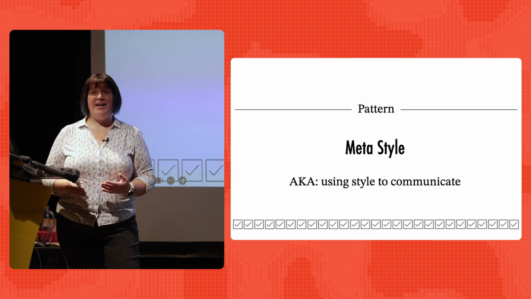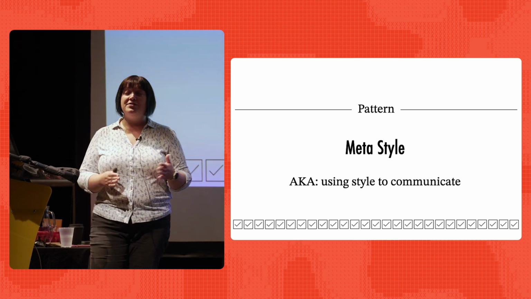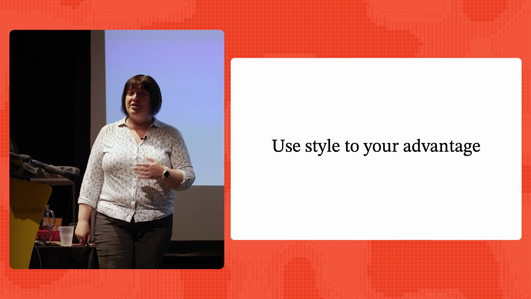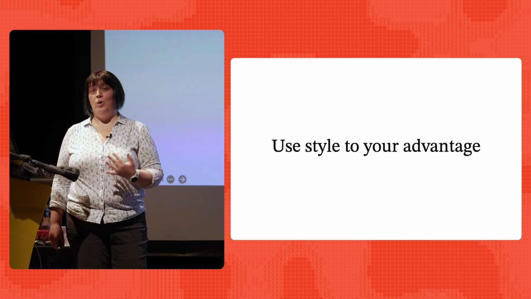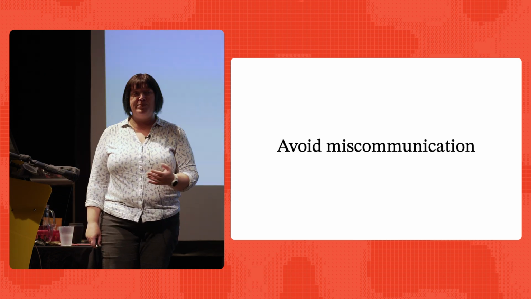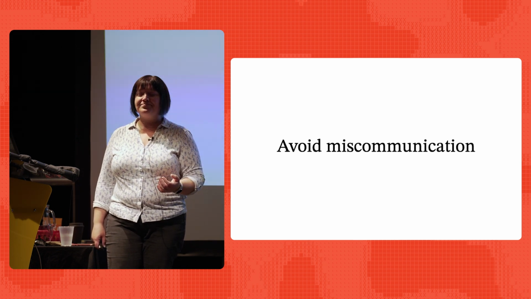If it's a quick sketch, people probably aren't going to trust it as much as a more formal style. So we're going to use style to our advantage, think about what we want to communicate to people, and avoid the miscommunication of giving people the wrong idea.